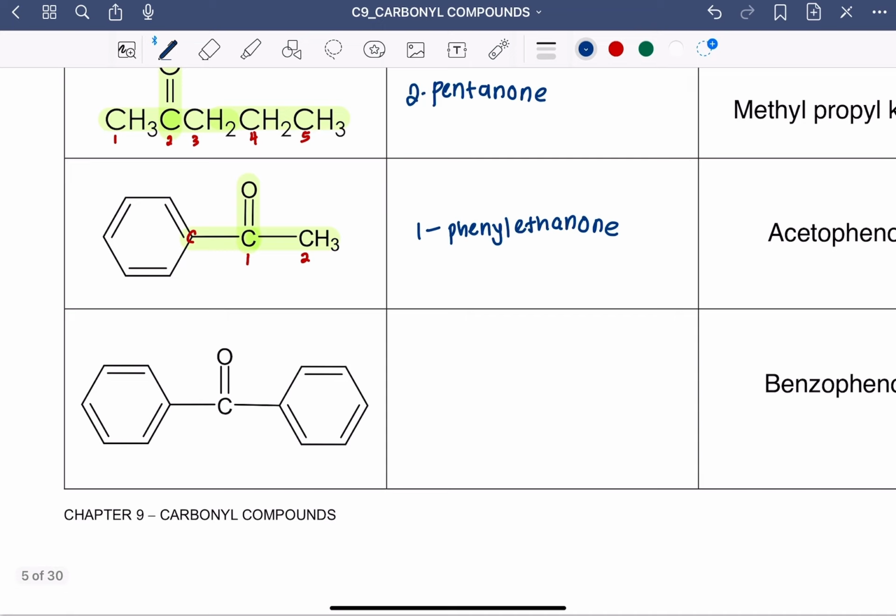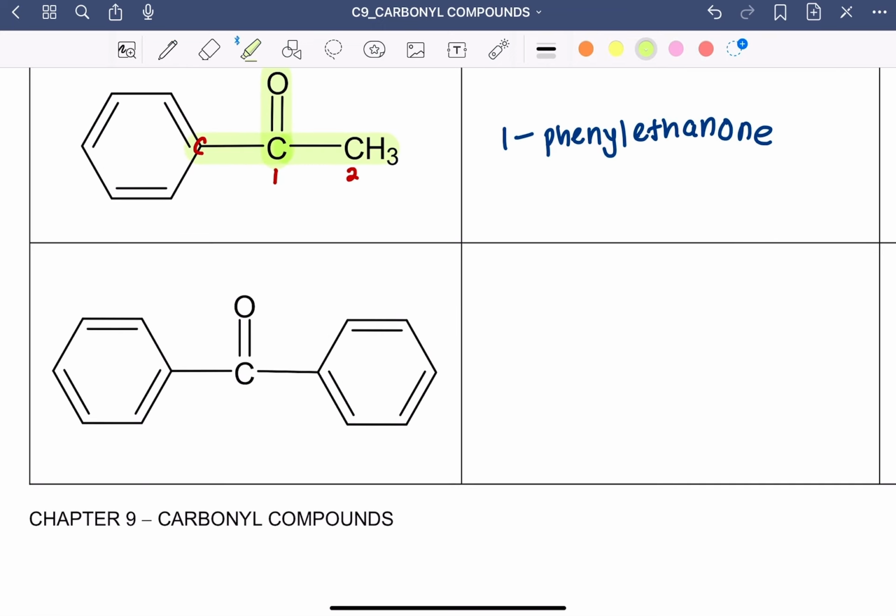Alright, and the last one, this one might be more interesting. We have carbon 2 and 3. So this is 1. So how do we name it?